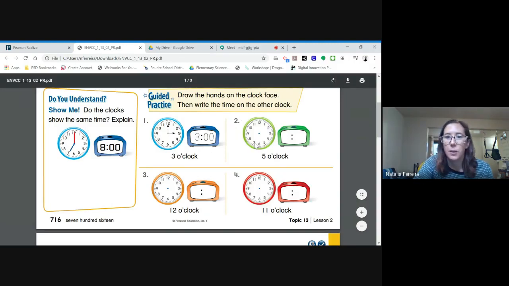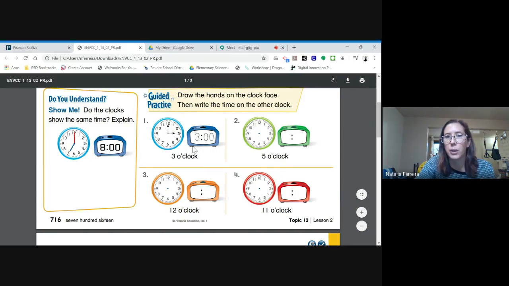Okay, so if I draw my hands, remember the minute hand is the long hand and the hour hand is the short hand. So right here on number 1, it says 3 o'clock. Hour hand is pointing to the 3 and the minute hand is touching the 12.